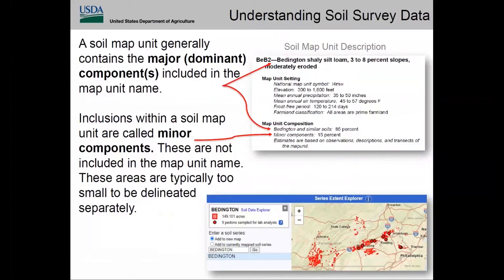And the series is mapped on 149,101 acres in Pennsylvania in that Series Extent Explorer. So quickly in the chat box, can anyone tell me if this soil is a prime farmland soil, looking at the map unit description?